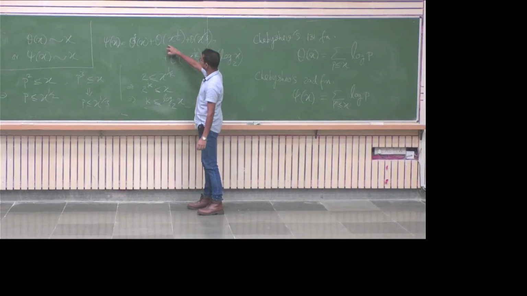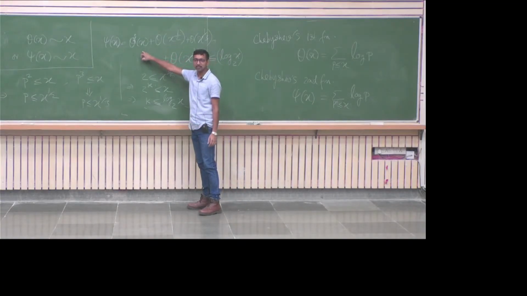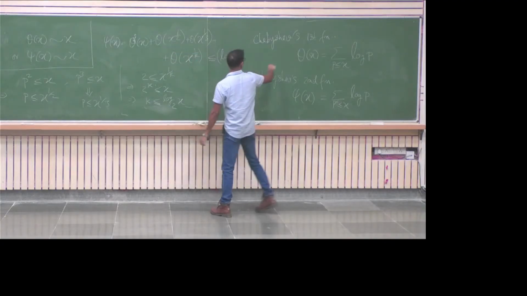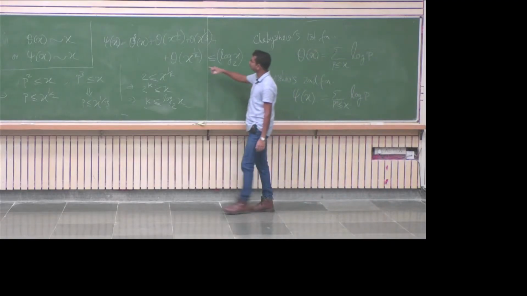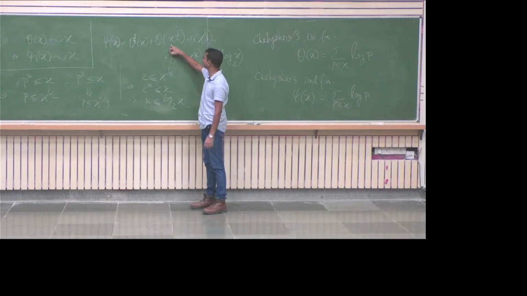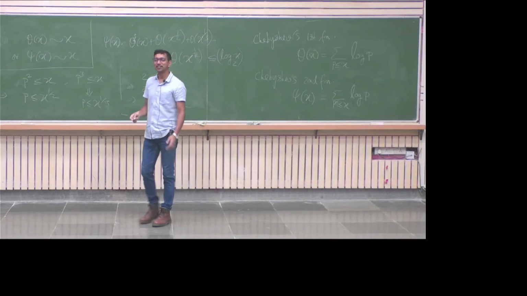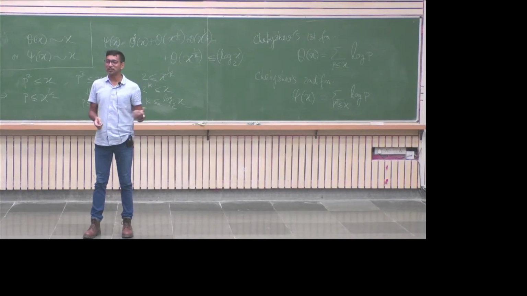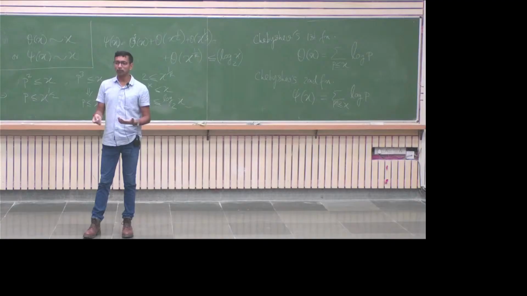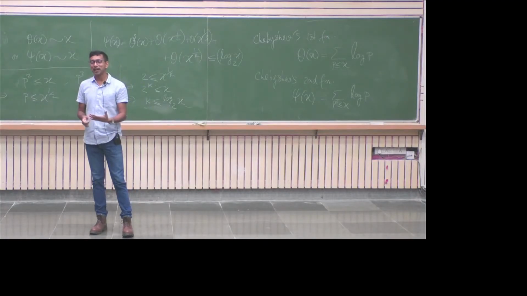Note that theta x half is less than theta x, because here we are summing log p's for all the primes p which are less than or equal to x, and there we are summing all the log p's for the primes which are less than or equal to root x. So you are considering much fewer primes. The number of primes you are considering is apparently much less here, because this connects with some condition that we saw in the first half, which said that the existence of a prime between x square and x plus 1 square is still open, right?